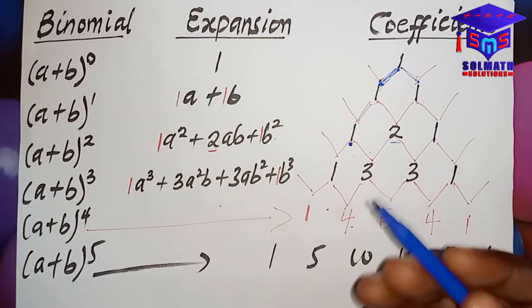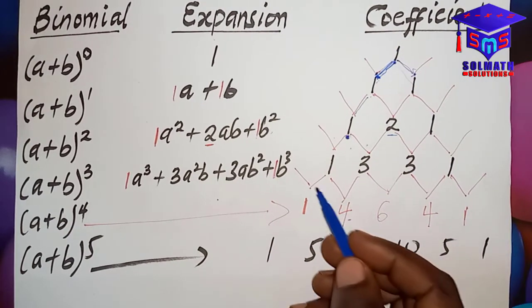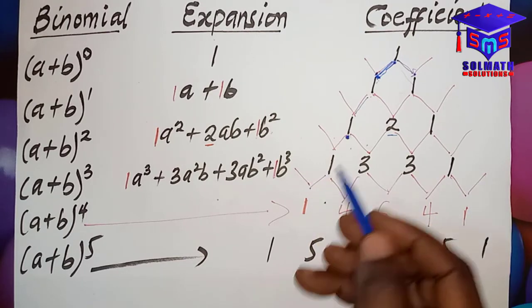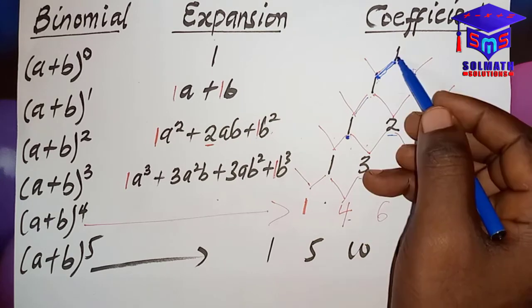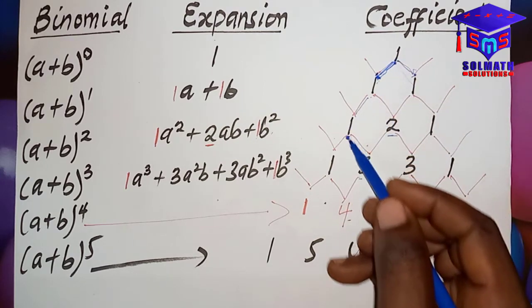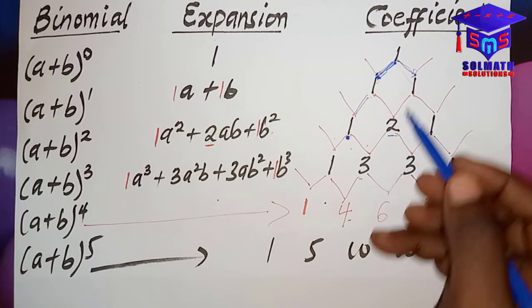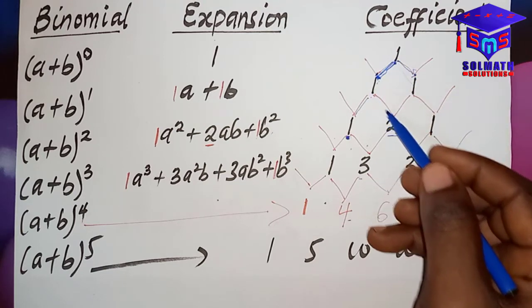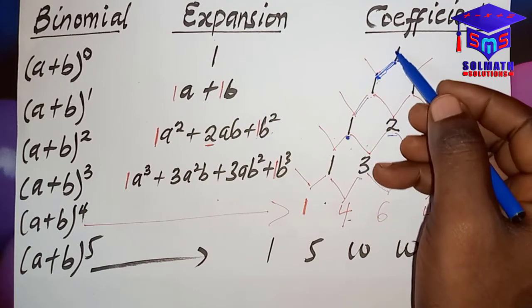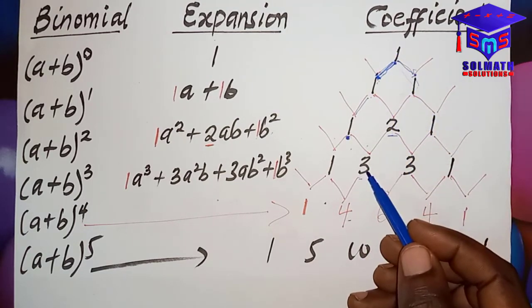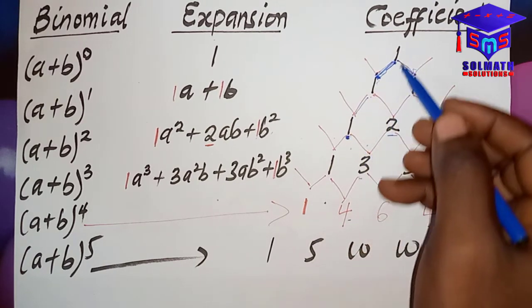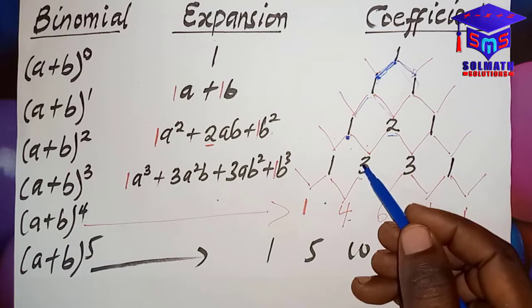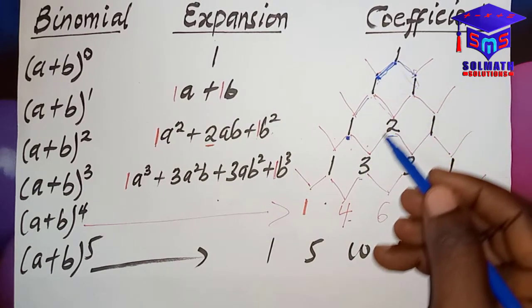If you want to move from the top to this point on the baseline, there's only one way. Well, that's a nice way to look at the Pascal triangle. Likewise, if you want to come to this point on the base, there's only one way, to the left. If you want to come to this point, this is one possible way, to the left like that. This is another possible way. And then that is another possible way. So there are three ways, of course. Okay, from here to the left, 1, then 2, then 3.